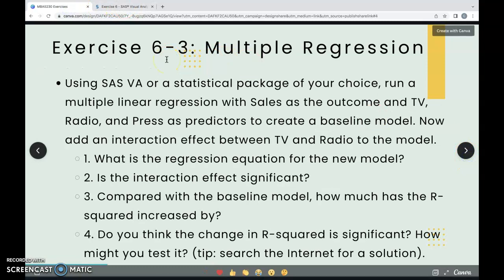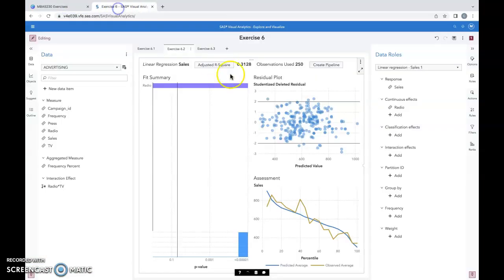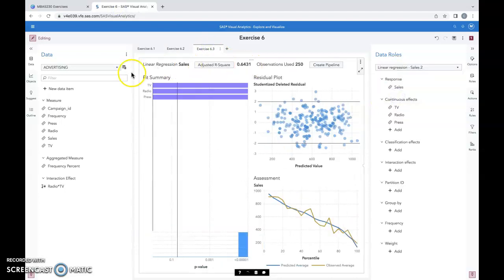Moving on to exercise 6.3 with multiple regression. It uses the same dataset, advertising, but instead of one linear regression, we're going to use multiple predictors, such as TV, radio, and press.